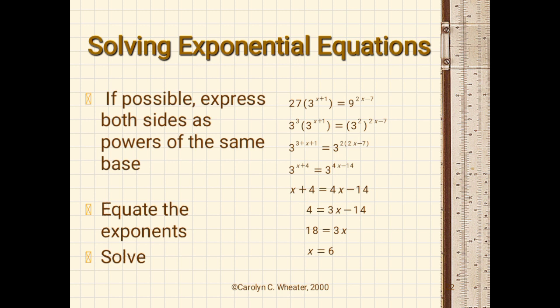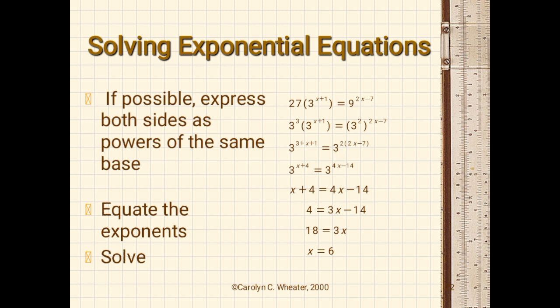And 9 we made into 3 raised to the power of 2, and then the 2x minus 7 we just copied. Now that they have the same base, we equate the exponents and solve to get the answer for x.